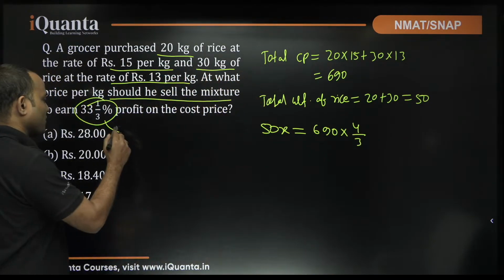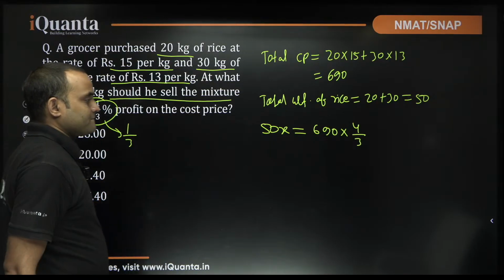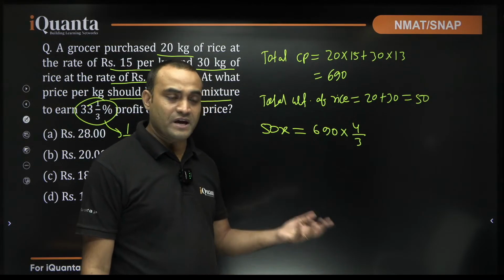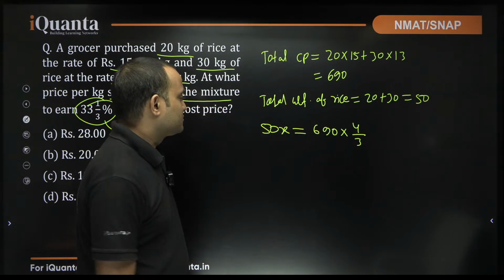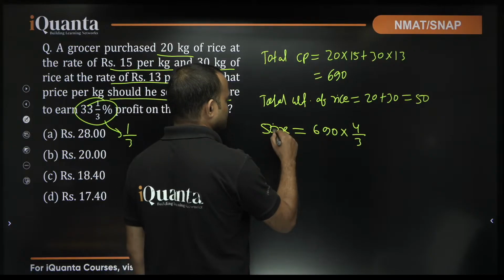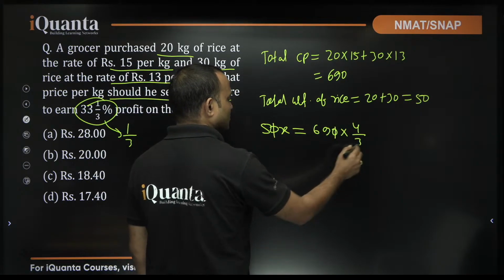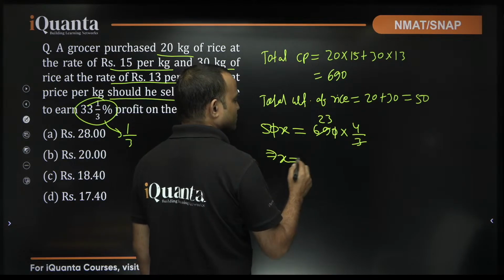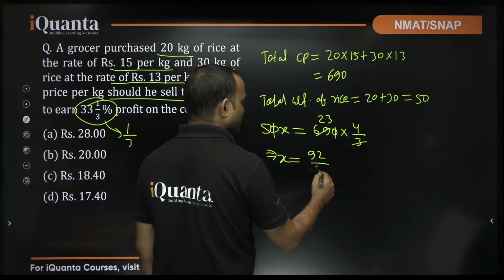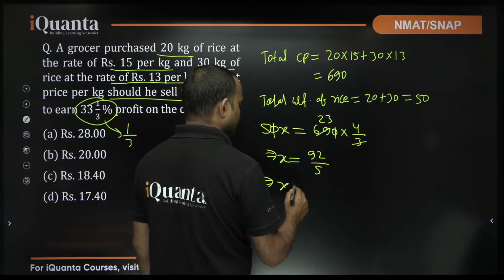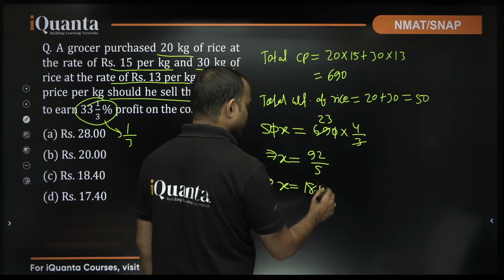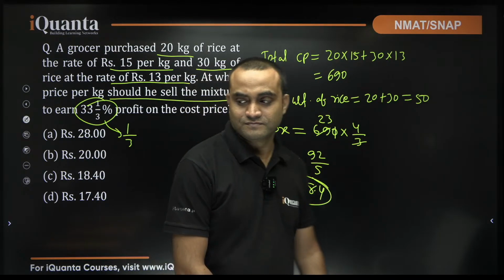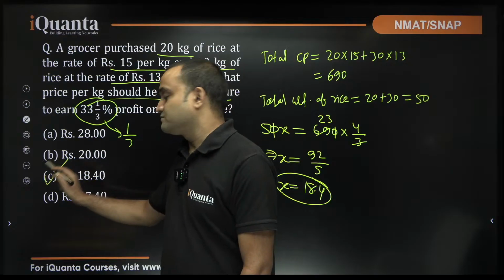Because this profit is 1/3, so selling price upon cost price will be 4/3. So from there we can solve this one. This is cancelled out. This is 23 times, or x is equal to 92 upon 5, or x is equal to 18.4 rupees. So the answer is option C.